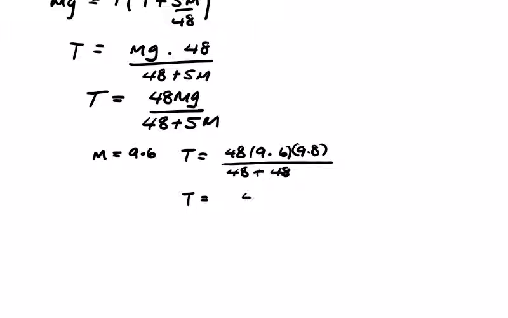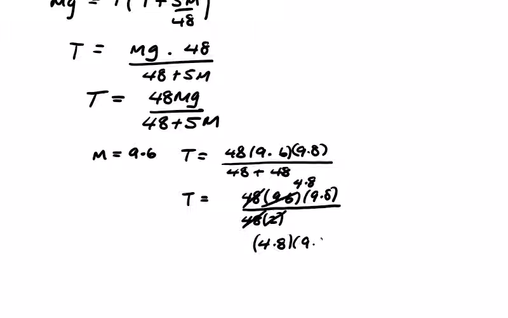On top, 48 by 9.6 by 9.8. On the bottom we have 48 by 2. So they'll cancel, and 2 will divide into 9.6, 4.8. So we have 4.8 by 9.8 for the tension in the string. So that will simplify to be 4.8G.